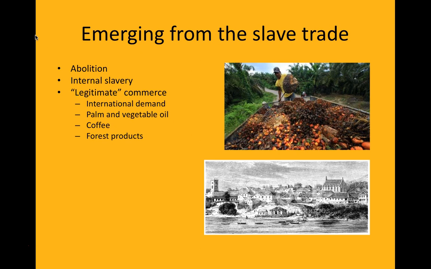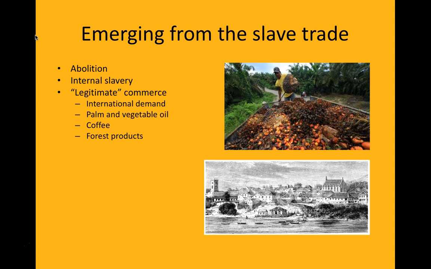This, after all, coincides in time with the beginning of the Industrial Revolution, right? And certain African products ended up being significant to the growth of the Industrial Revolution.